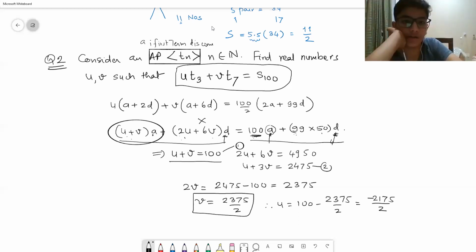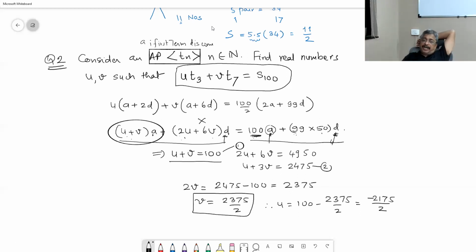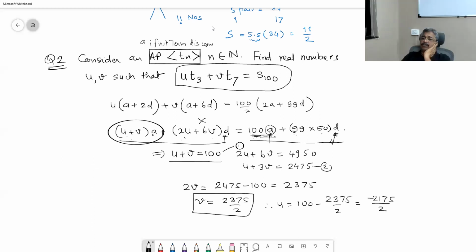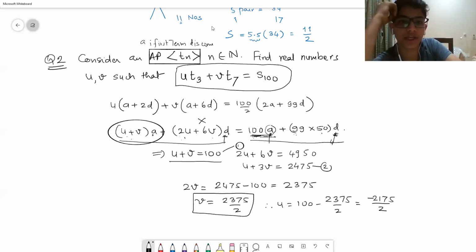Sir, but how can we tell that the corresponding first term of the LHS will be equal to the corresponding first term of the RHS? Because you want 100 A's in RHS. Yes, sir. Who in LHS can produce A's? Sir, but we don't know that if D can be 2 times of A, then 2U plus 6U can be 50.